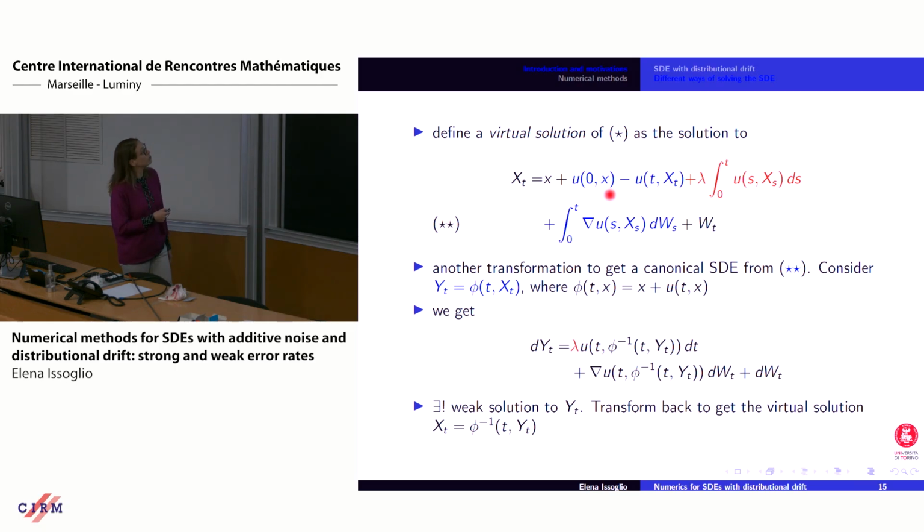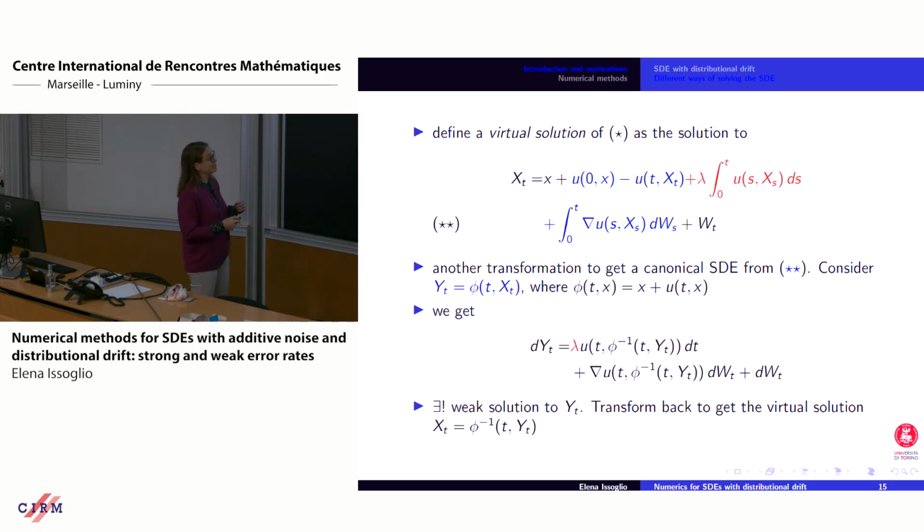So what you do is you take this and move it to the other side, and call X plus U(t, X), Y, this Phi here. And then you write an equation for Y. And this equation for Y is standard. U is well defined, the gradient of U is well defined, there is a drift, a diffusion, everything works.